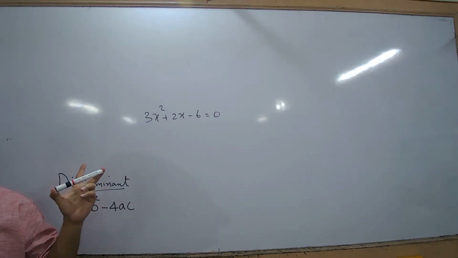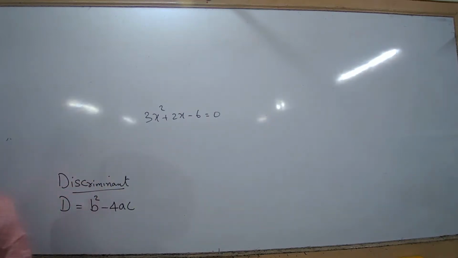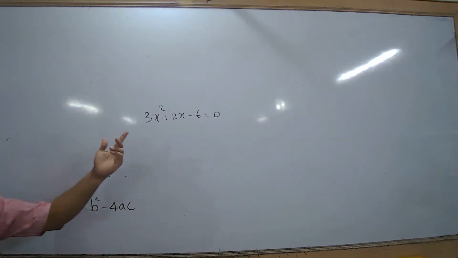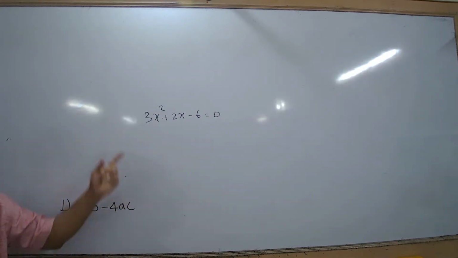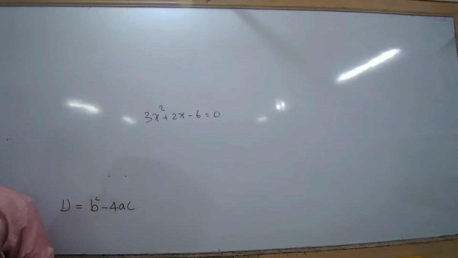What is the value of a? Value of a is 3, b is 2, c is minus 6. Got it?